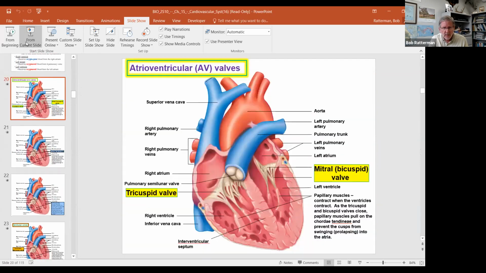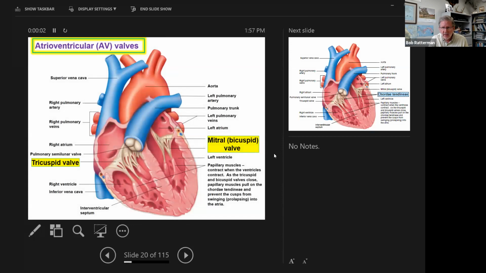So let's go back to the heart. Do you all see that slide on your screen? Okay. Here we've cut away part of the heart to reveal several of the underlying valves.